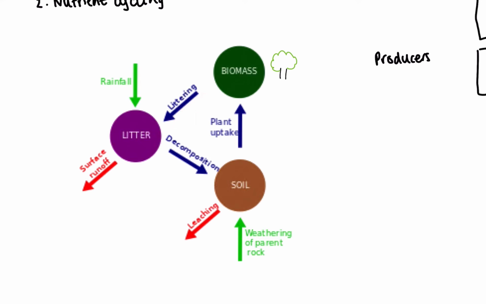I then have, at the litter section of my diagram here, lots and lots of leaves on the floor. At that point my leaves would mulch down, they would decompose, and that would make really nice fertile conditions in my soil. For my tree to grow again, it would take up all of the nutrients from the soil, and that's going to help it blossom into that lovely tree I drew right at the start.